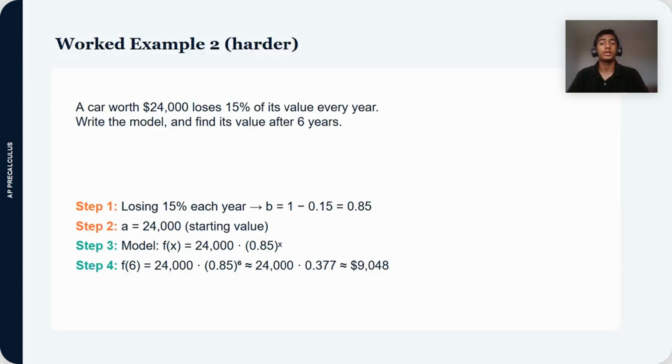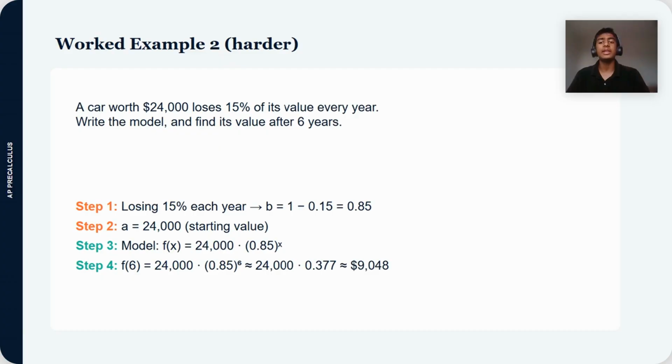Okay, harder one. This is the version that actually shows up on the AP exam. A car worth $24,000 loses 15% of its value every year. This is where most people mess up. Watch the step. Losing 15% does not mean b = 0.15.